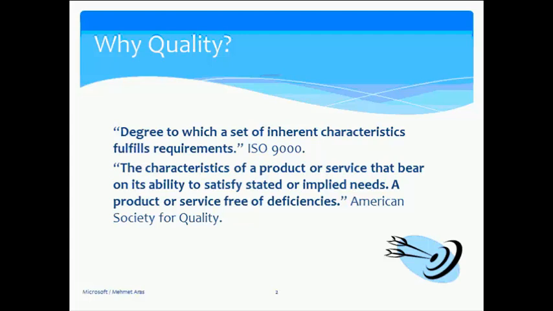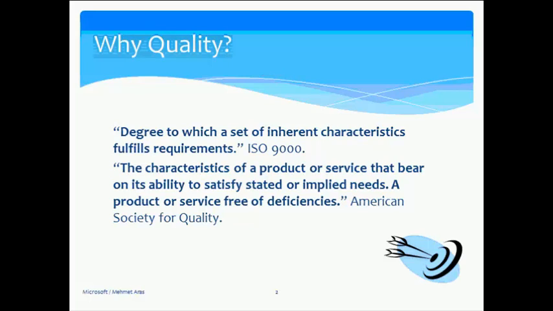So basically, a product, in our case a software application, needs to provide the services that we expect, our requirements. That software application needs to fulfill those requirements in a manner that we, as users, expect. There are also implicit expectations.